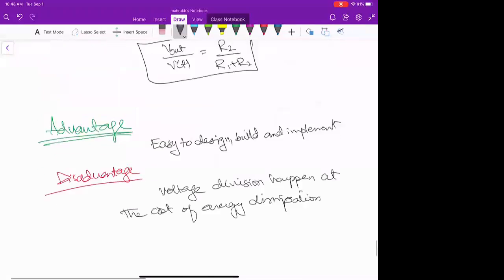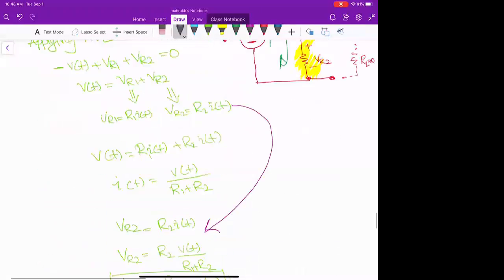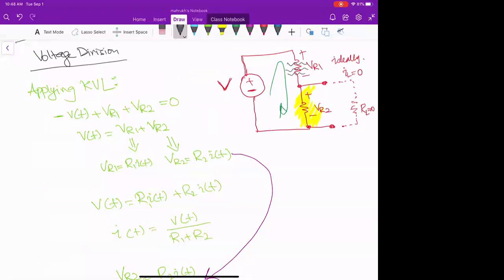So I will just quickly give you an example of voltage division like we have done in, I think, lab 2. Let's say we have selected R1 as 1 kilo ohm and R2 as 1 kilo ohm. Then our V out was R2 by R1 plus R2 into V in, right?